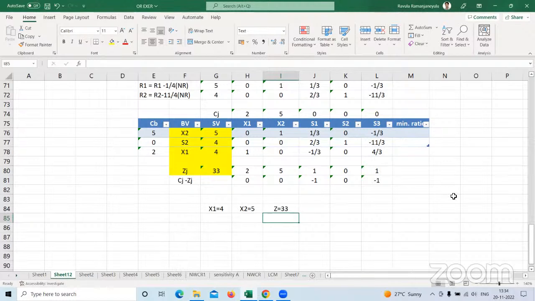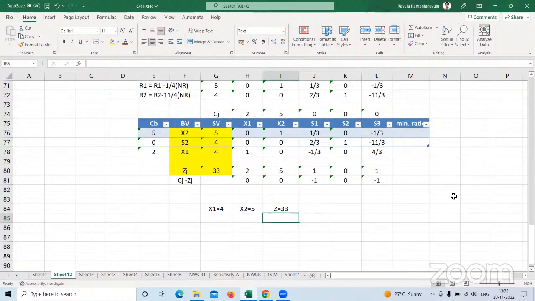Minimization is processed differently, slightly different, and mostly they won't give that. That is engineering related. So MBAs you won't be getting it. We can do it, but the point is it's a waste of time.